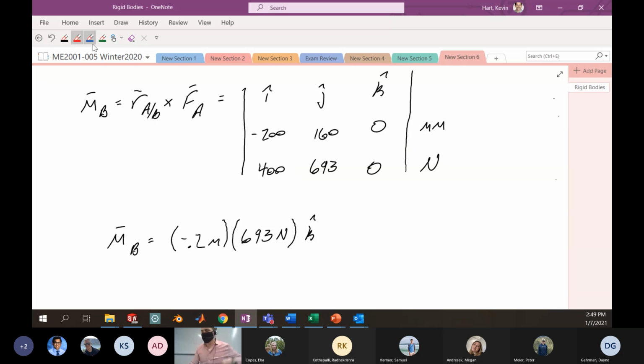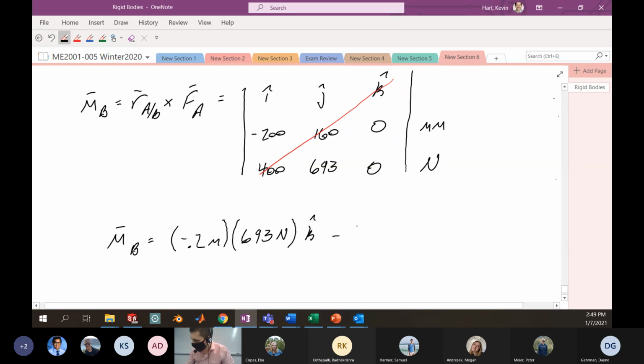All right. Now I'll account for my negative terms in my determinant form, which is going down and to the left. So here I have I 0, 693. Again, I'm running into a 0 there, so I'm not going to get any contribution in I. J, negative 200, wrap around to the 0. Again, I get no contribution in J because I multiply by 0. But here, in K, I will have some negative contribution.